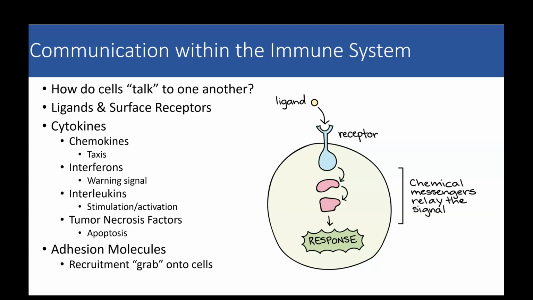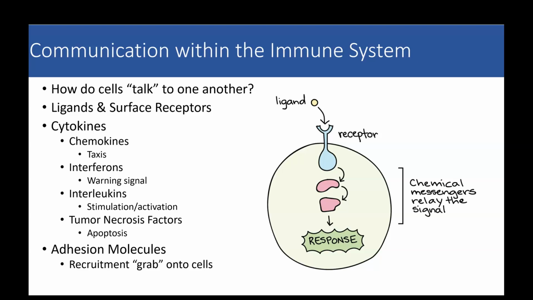Now, there's probably about a half dozen different categories of these ligand receptor classes that we can talk about. We're going to talk about 4 of them. The first one are chemokines. Chemokines are ligands that tell other cells you're going the right way or you're going the wrong way.